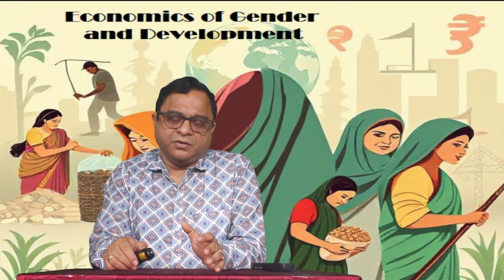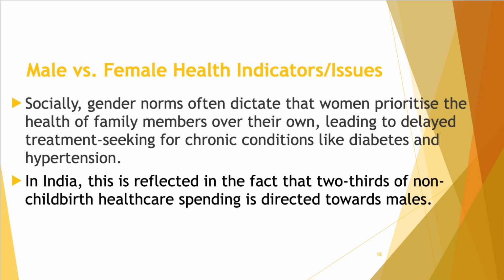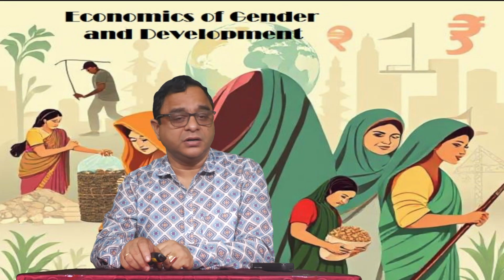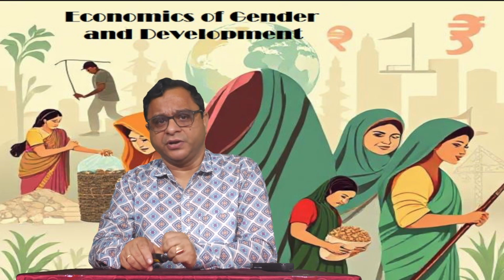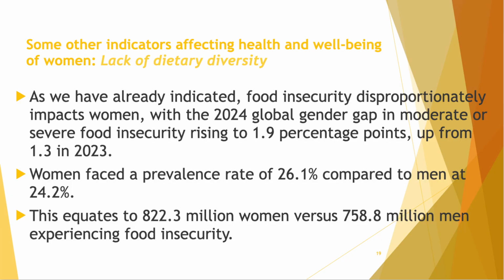And socially, we see that gender norms often dictate that women prioritize the health of family members over their own, leading to delayed treatment seeking for chronic conditions like diabetes and hypertension. And from India, we see that this is reflected in the fact that two-thirds of the non-childbirth healthcare spending is directed towards males.